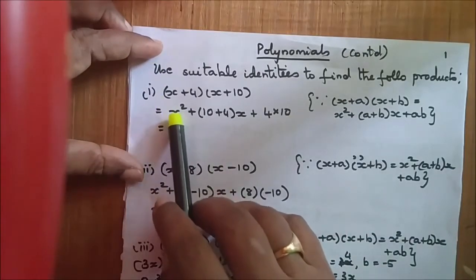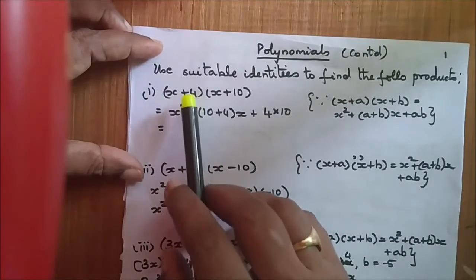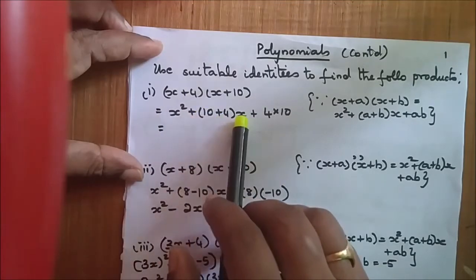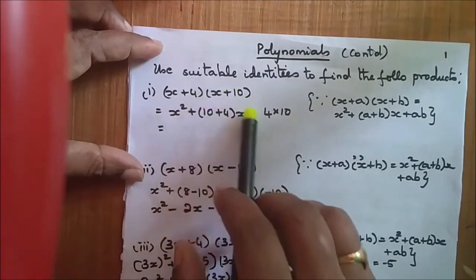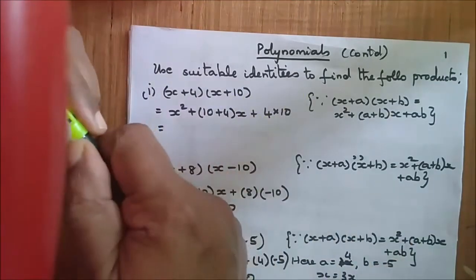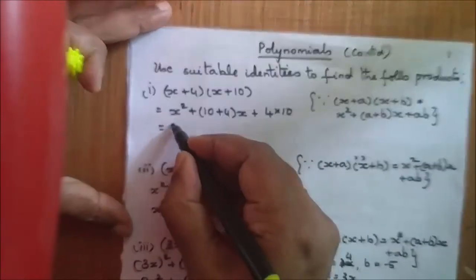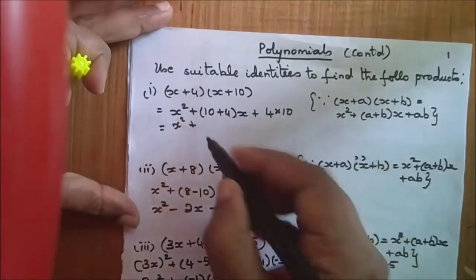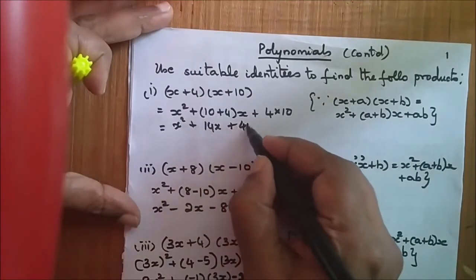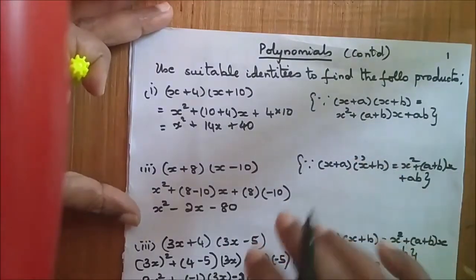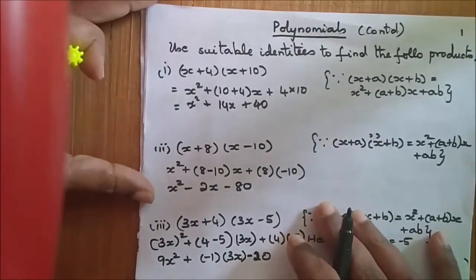So I get x squared plus (4 + 10) the whole into x plus ab, 4 into 10. Okay. So what do I get? I will get x squared plus 14x plus 40. So that is the answer for this factorization.